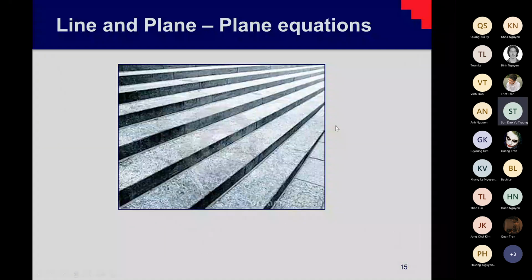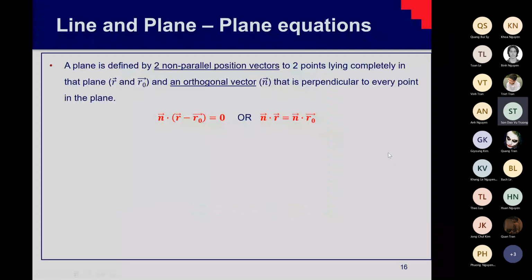Next, let's take a look at the plane equations. Okay. So by definition, a plane can be defined by two non-parallel position vectors to two points lying completely in that plane, r vector and r0 vector, and an orthogonal vector n that is perpendicular to every point in the plane.